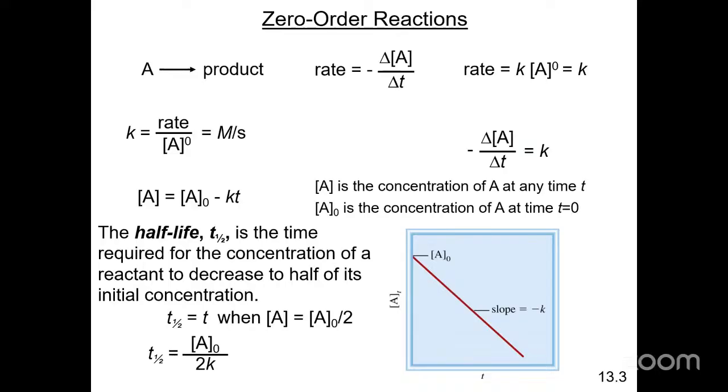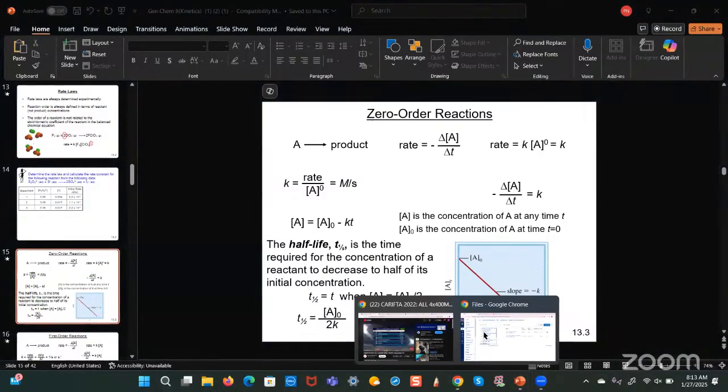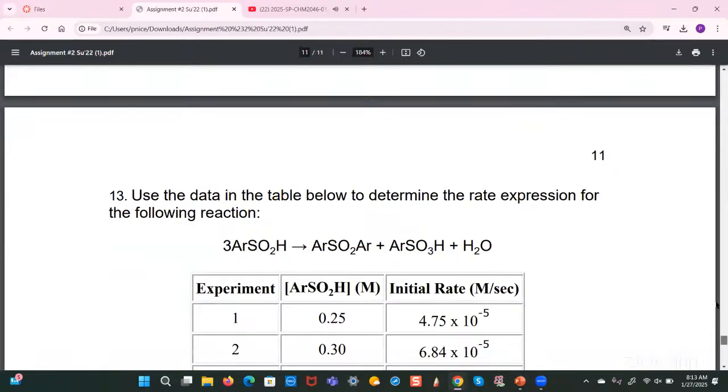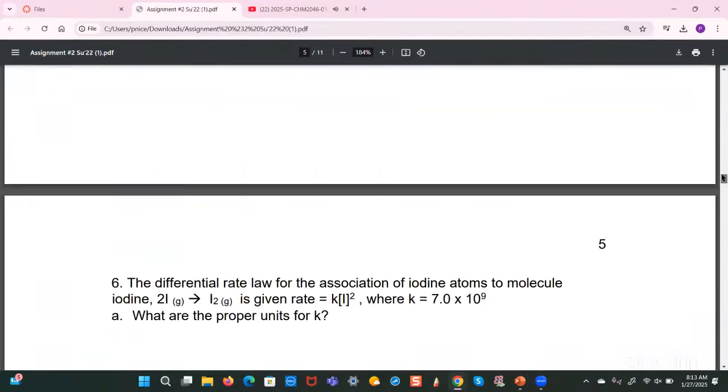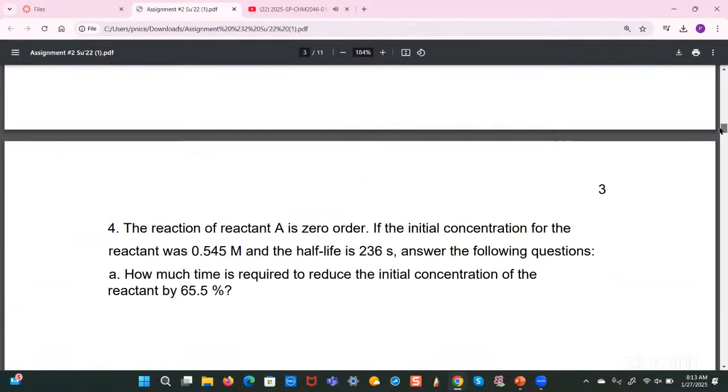In fact, let's look at going back to the assignment. Okay, where's the assignment? Okay, so at this juncture, we should now be able to do question number 4, right?